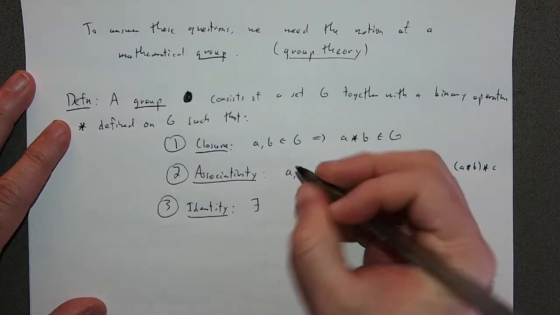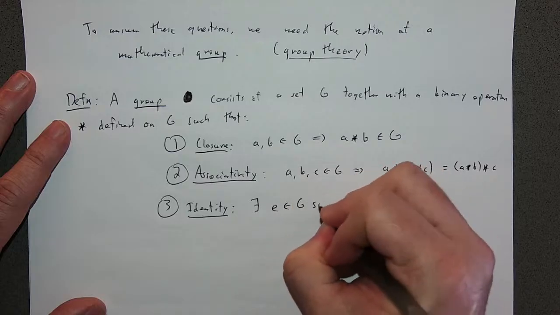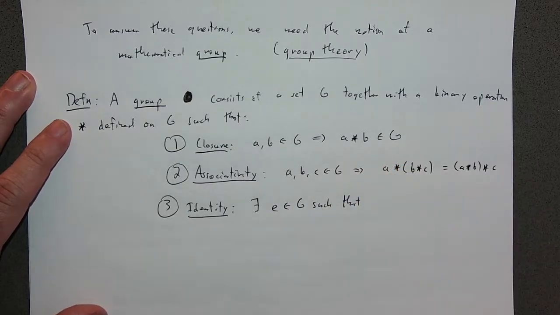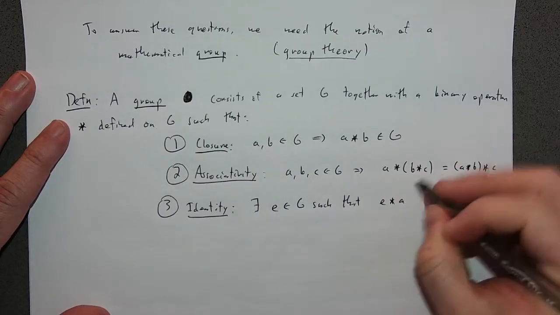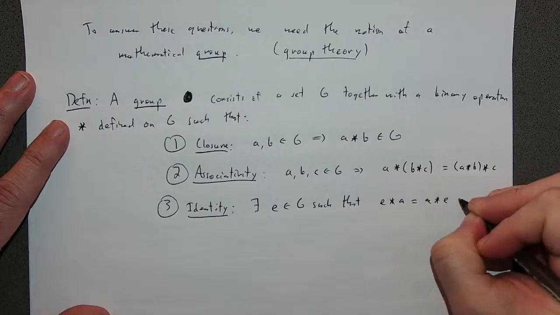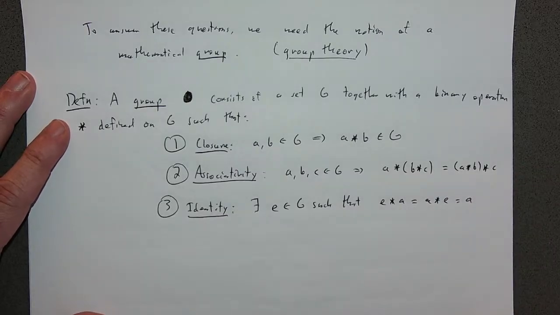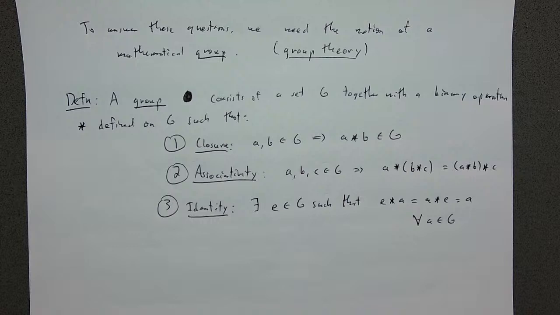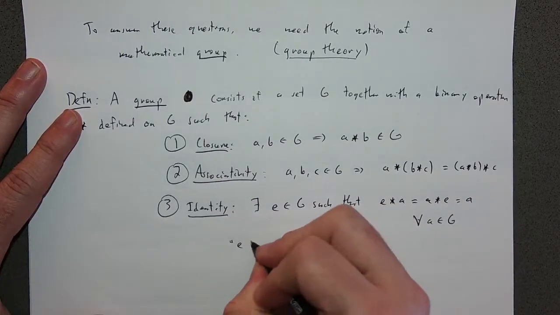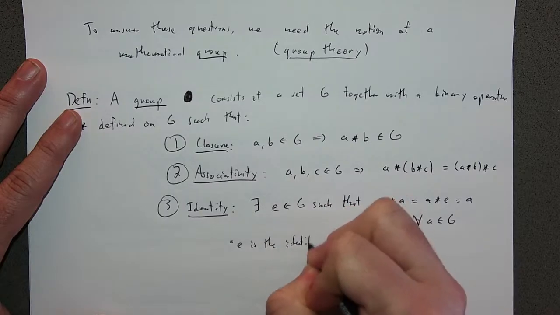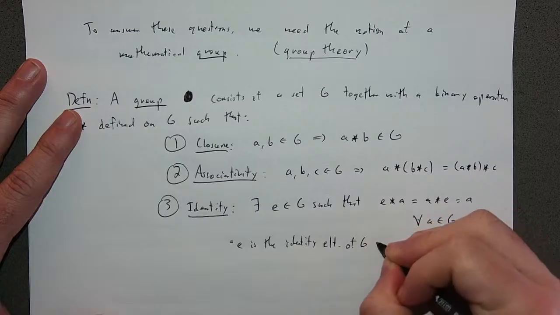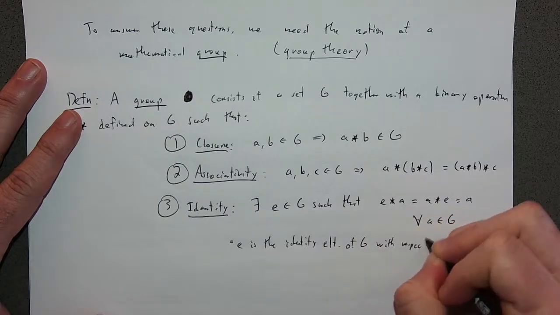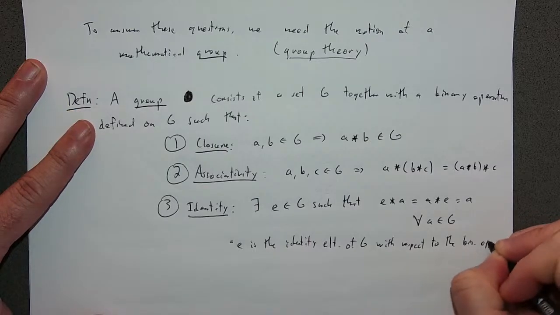There exists an element, we'll say E, in G, such that E star A is equal to A star E, in both cases equal to A, for every A in G. We call this E the identity element of G with respect to the binary operation star.